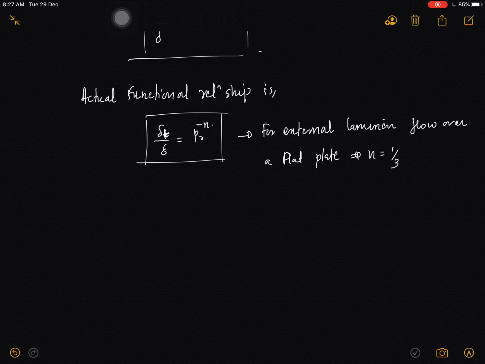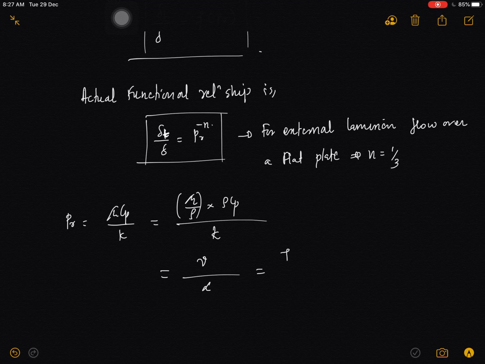So the significance of this particular Prandtl number is this. We can write the Prandtl number as mu cp by k. We can write this as mu by rho into rho cp by k, and we can rewrite this equation as mu by rho, which is nothing but nu, divided by k by rho cp, which is nothing but alpha. This is the ratio of kinematic viscosity to the thermal diffusivity.